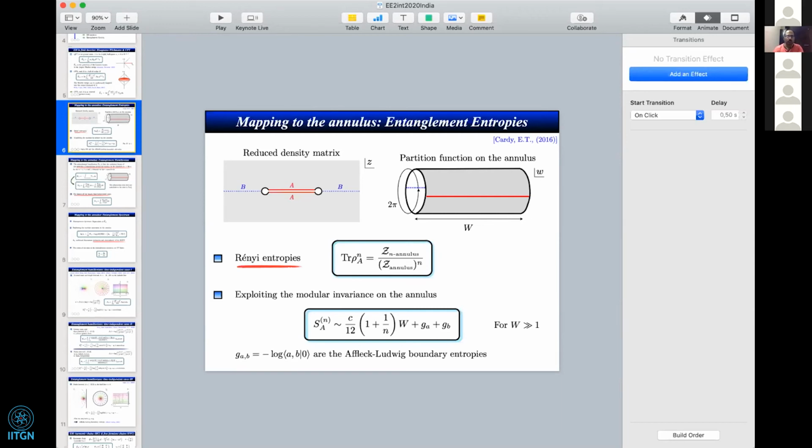And so if it's just a thermal state, then clearly I think there is no endpoint contribution. Perturbations on top of a thermal state, I will have to think a bit about that.